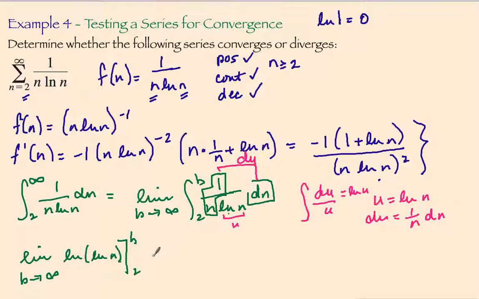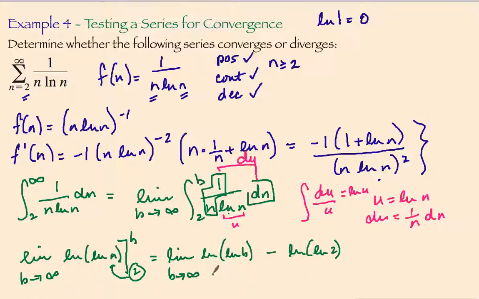Now, when we plug in b, we're still going to have to use the limit designation for the first term, and that means we're going to have the natural log of natural log of b, then minus, again, we don't need the limit for plugging in 2. We can just say minus the natural log of natural log of 2. However, we have a problem here. Plugging infinity in for b gives us infinity, and then the natural log of infinity is also infinity.